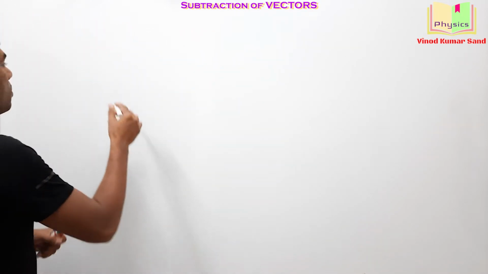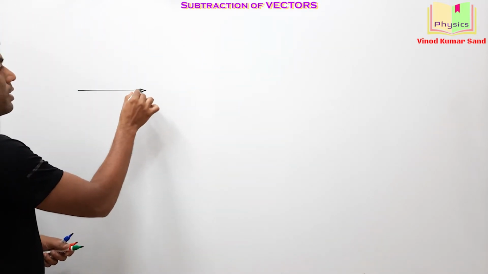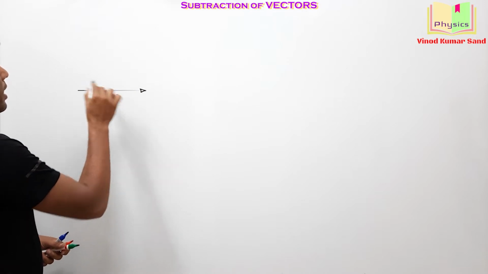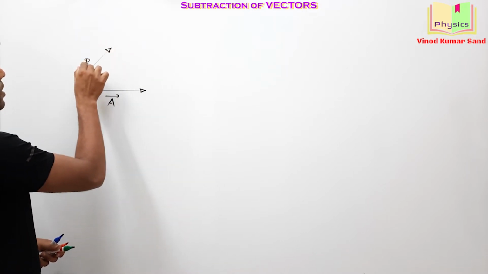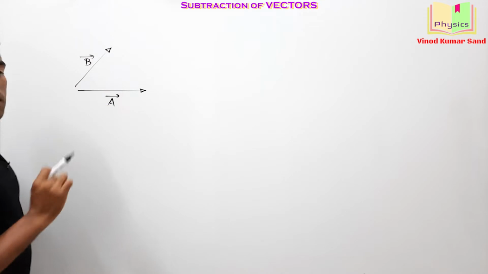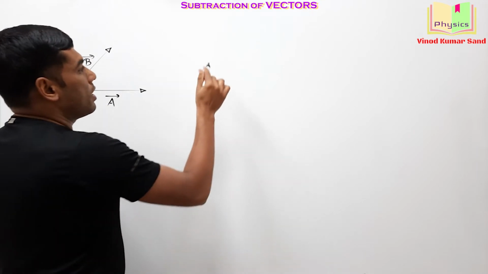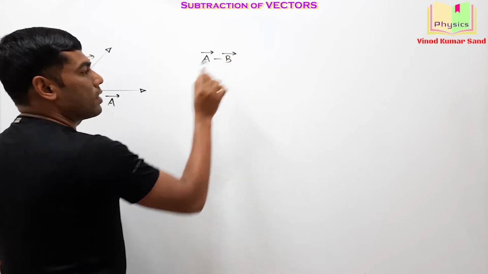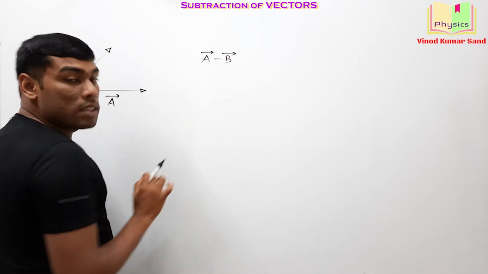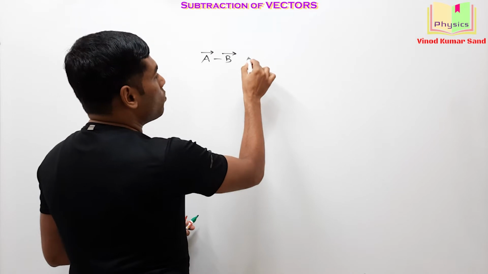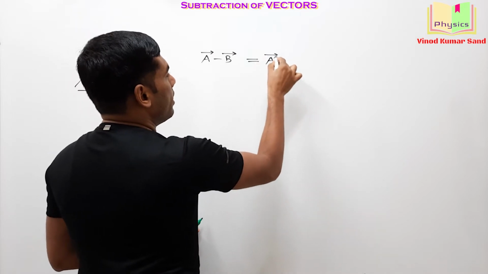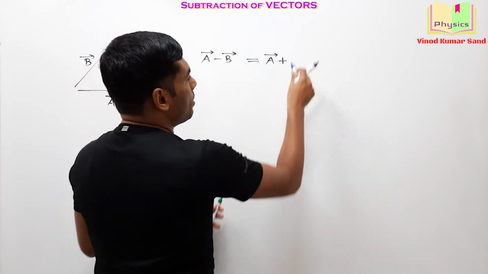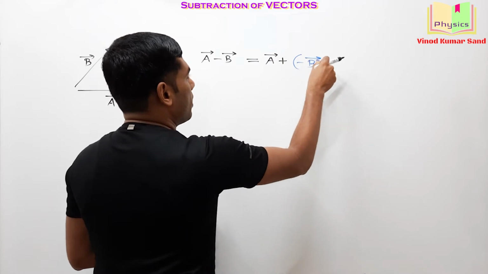Suppose we have two vectors, namely a vector and b vector, and we want to subtract this b vector from the a vector. Basically, we want to do this operation a vector minus b vector. For doing this operation, there is a nice way: you can add the minus b vector with the a vector.